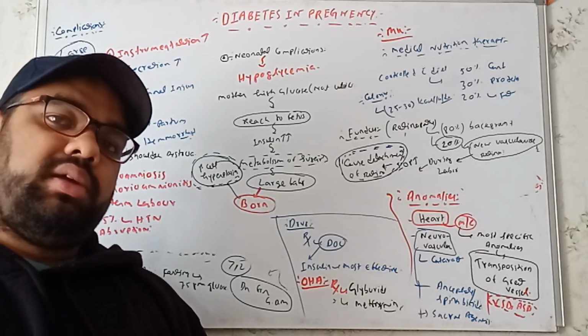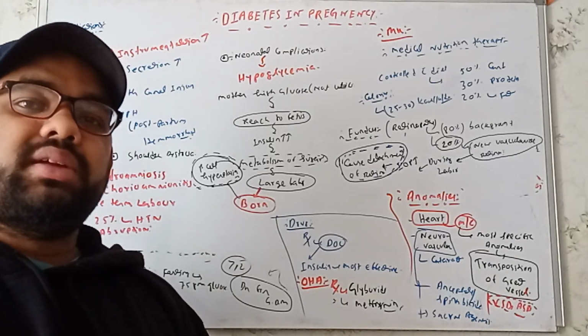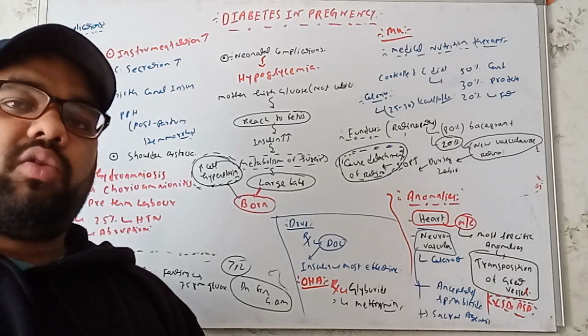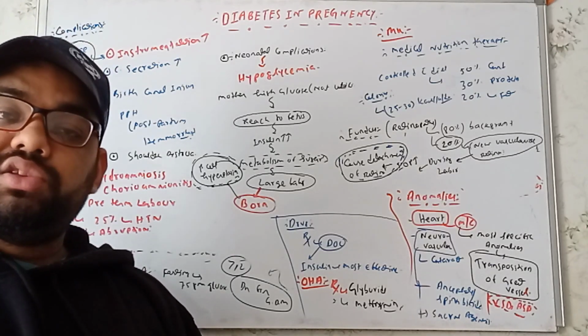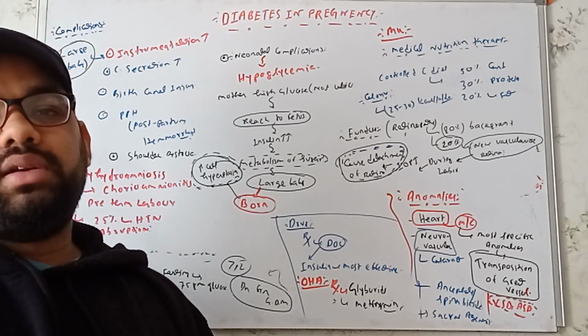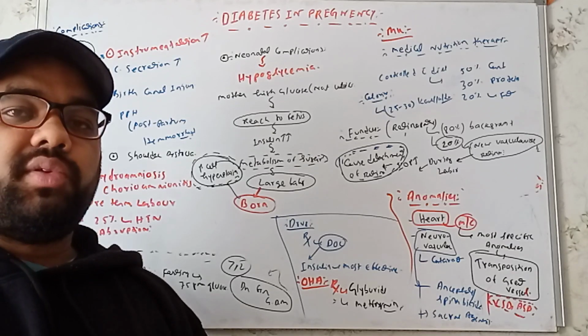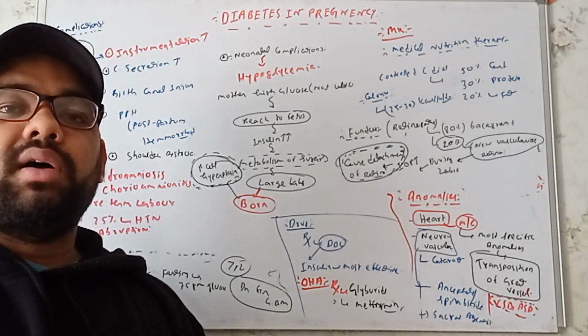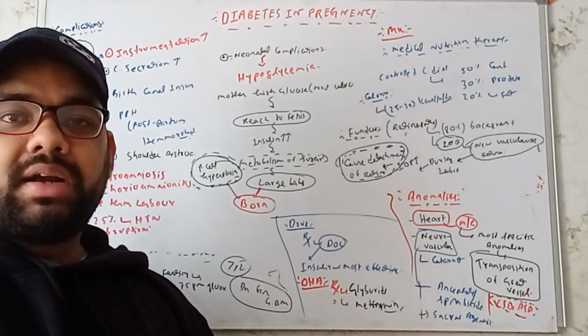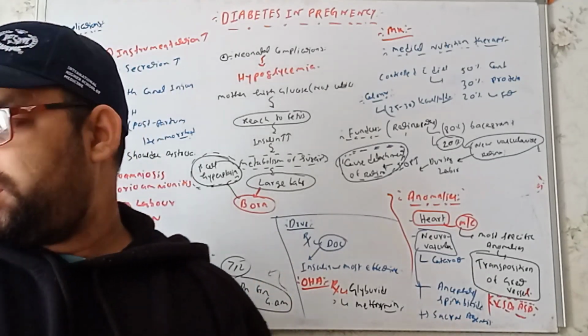If the woman is well controlled with drugs, then the delivery should be approximately within 38 to 39 weeks. If the woman is not well controlled even after using drugs, the pregnancy should be ended at less than 37 weeks or more than 34 weeks. So these are the management points regarding delivery and controlling the blood sugar level in gestational diabetes mellitus.